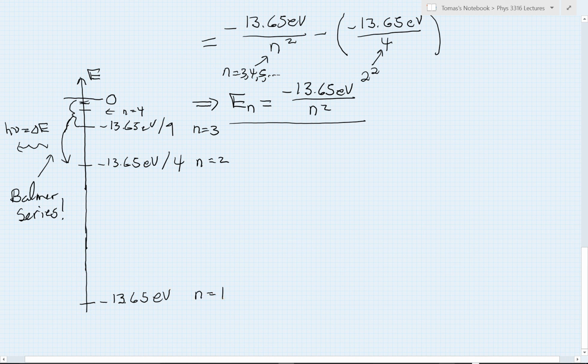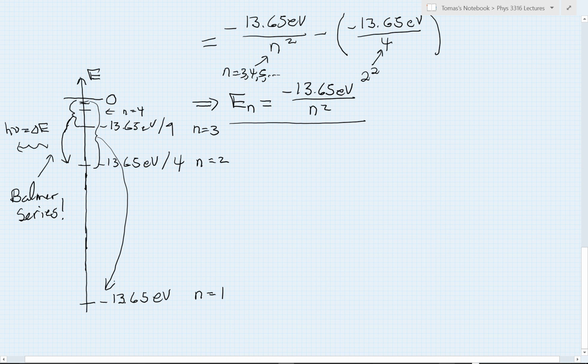But you'll notice this value is just 1/4 the size of this value. So there potentially could be transitions from all of these different levels down to this n equals 1 level. But you will notice that these are all much larger energy differences.